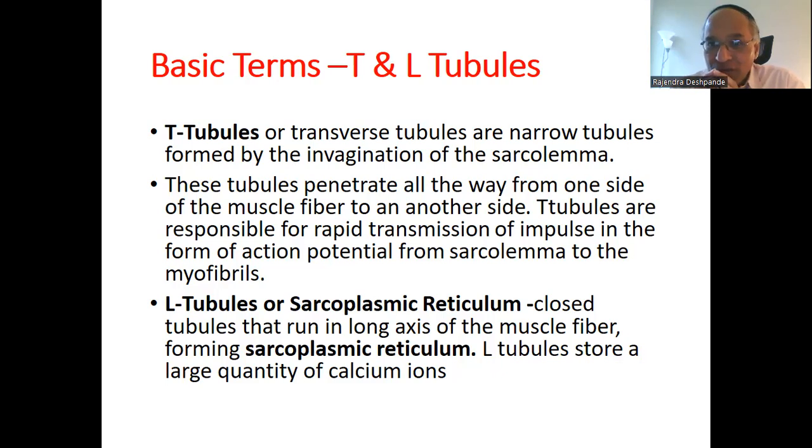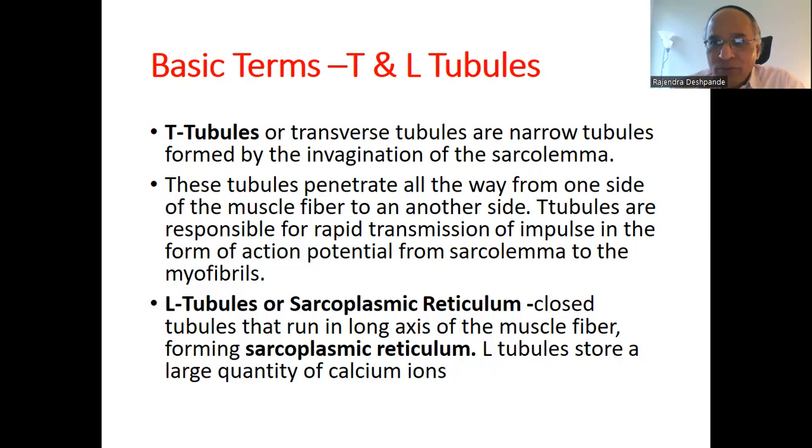These tubules penetrate all the way from one side of the muscle fiber to the other side because they are transverse. T-tubules are responsible, as I have said, for rapid transmission of the impulse in the form of action potential from the sarcolemma to the myofibrils. This much you have understood.